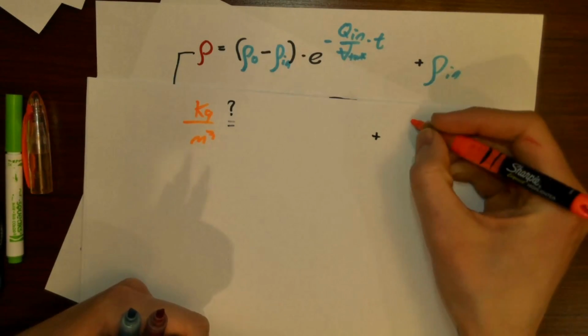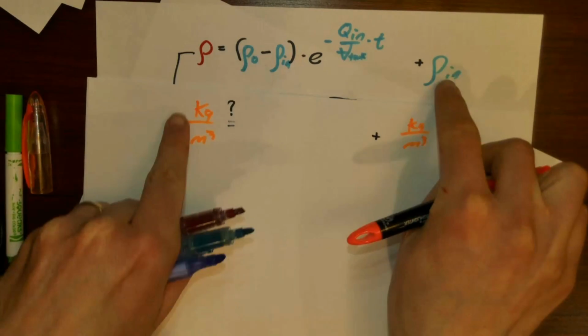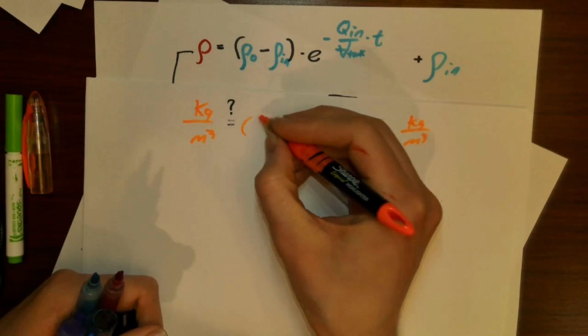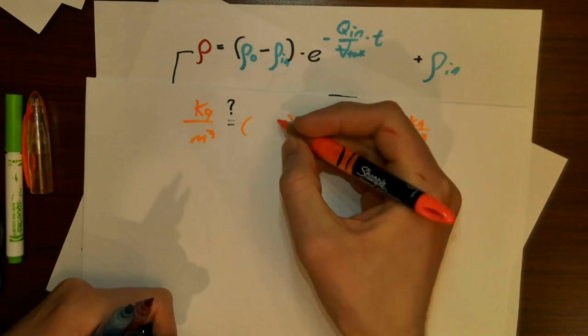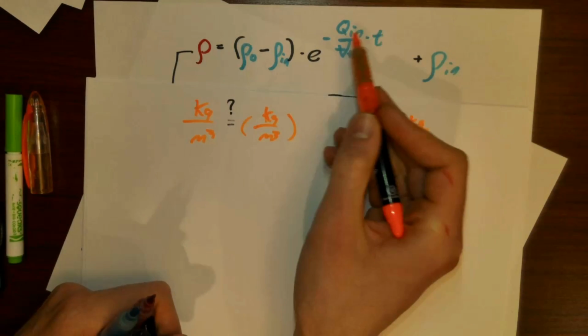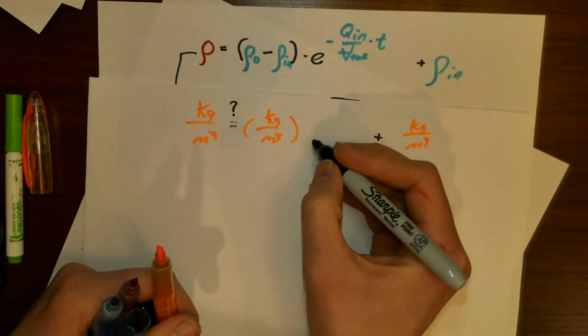So rho in, that's kilograms per meter cubed already. So these two make sense with respect to one another. What about this junk right here? Well, rho naught minus rho in, this is kilograms per meter cubed. So hopefully the contents here, this junk right here, is dimensionless.